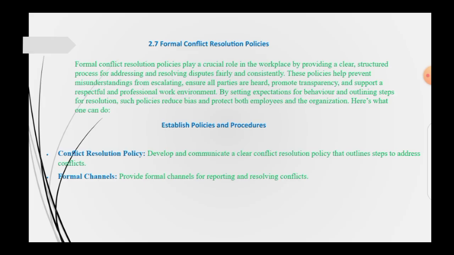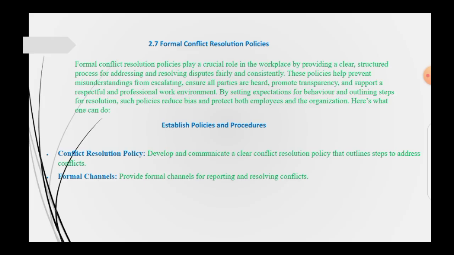Establishing formal channels such as HR departments, grievance committees, or anonymous reporting systems encourages employees to voice their issues without fear of retaliation. These procedures not only promote transparency and consistency but also protect the organization from potential legal complications by documenting the resolution process.